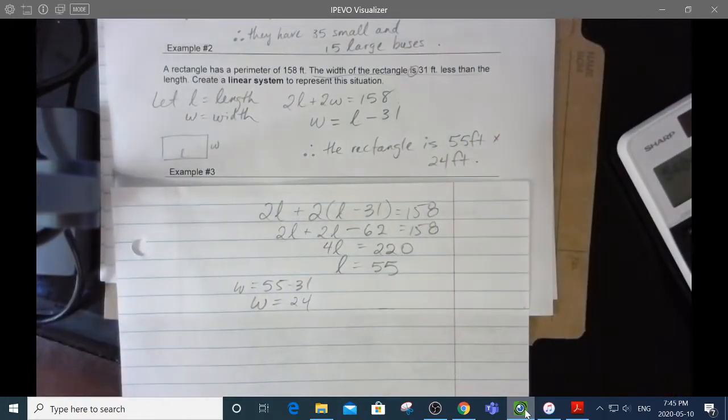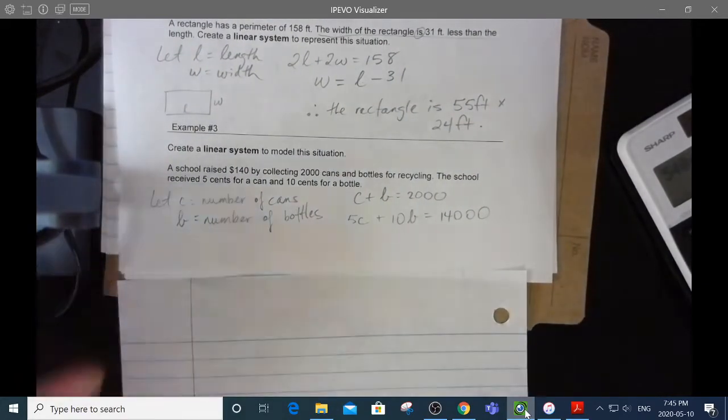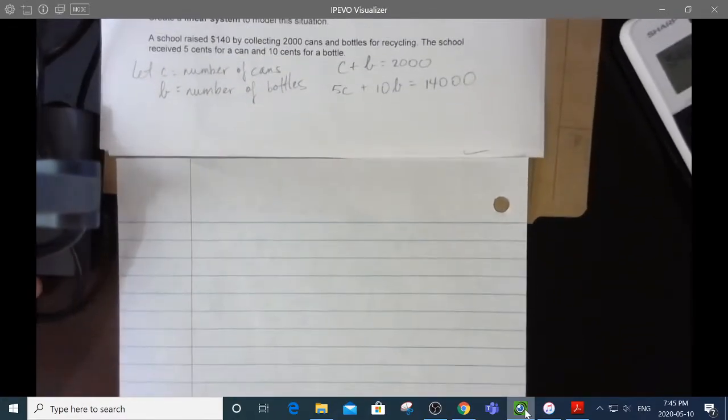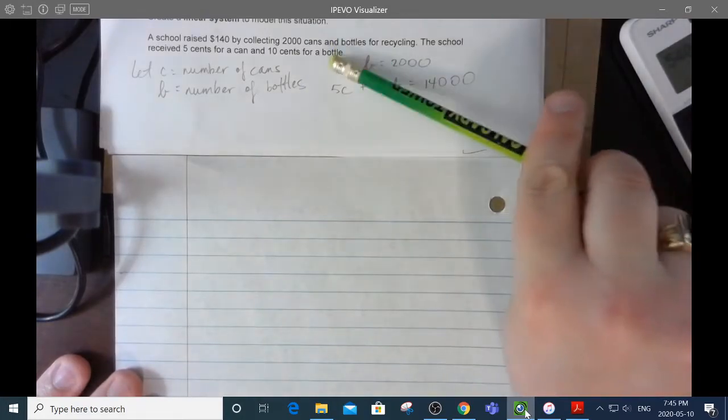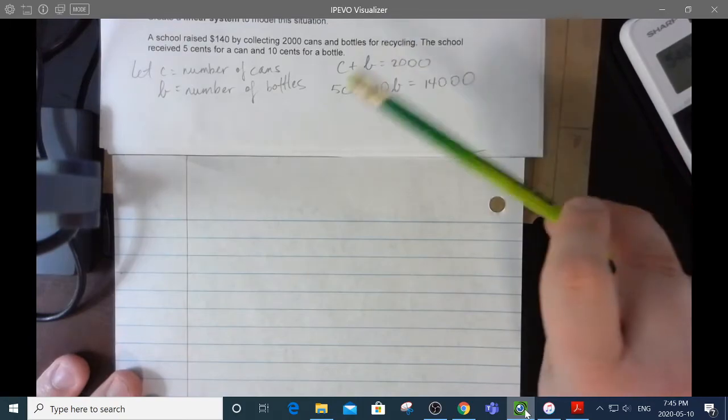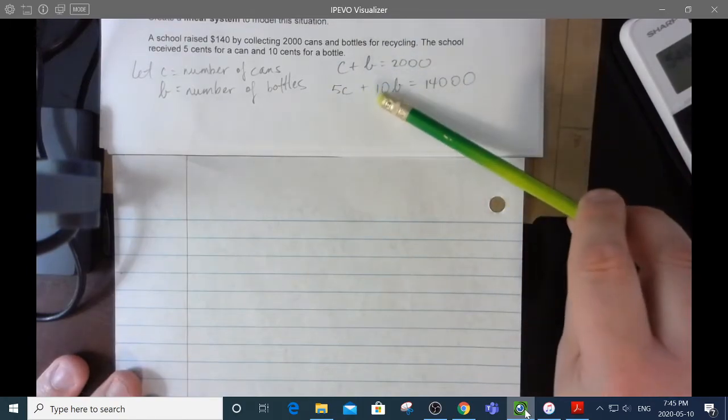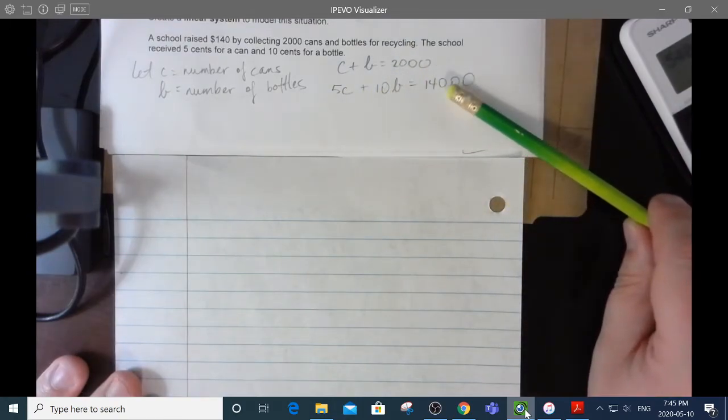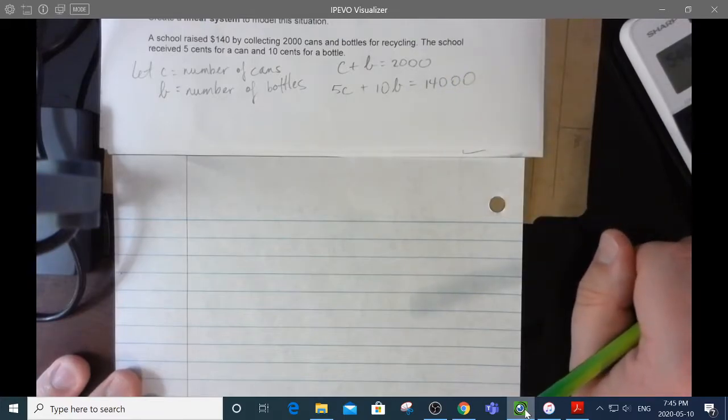Okay, so there's 2 up, 2 down. Let's look at number 3 here. I'm going to just move this down a bit. There we go. A school raised $140 by collecting 2,000 cans and bottles. So cans plus bottles is 2,000. And if you get 5 cents for every can plus 10 cents for every bottle, you get $140, which is 14,000 cents.